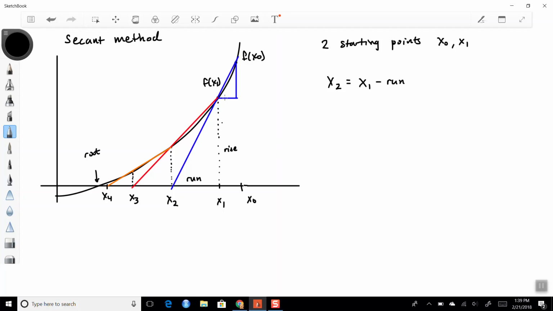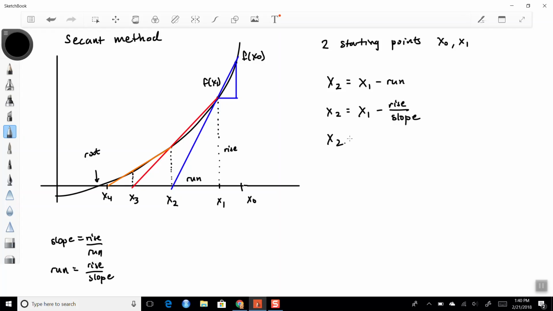And so here, x2 is going to be x1 minus, and earlier we said slope is equal to rise divided by run. So run is equal to rise divided by slope, right?